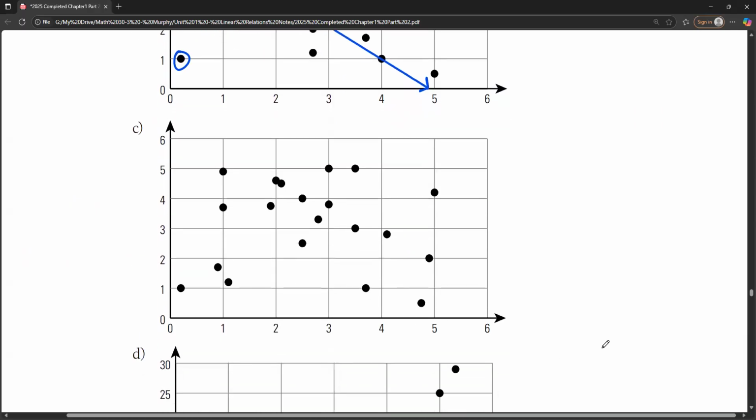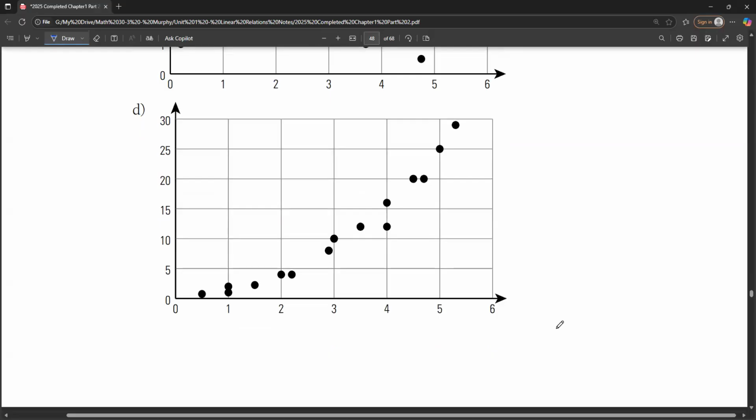Okay, C. There appears to be no relationship between the variables. The data points are all very spread out, and no trend is apparent in the data. So you don't even try to draw a line. There's nothing there. These two variables have nothing in common. They're not even related.